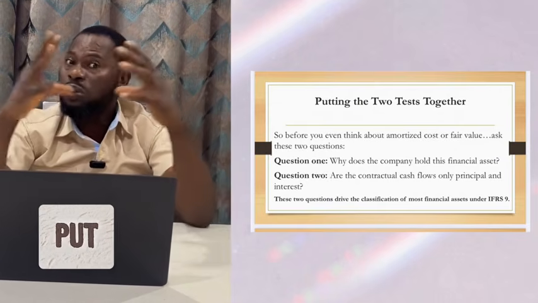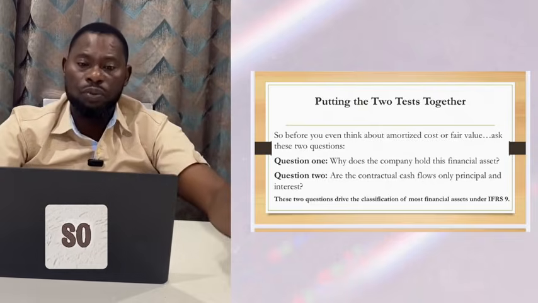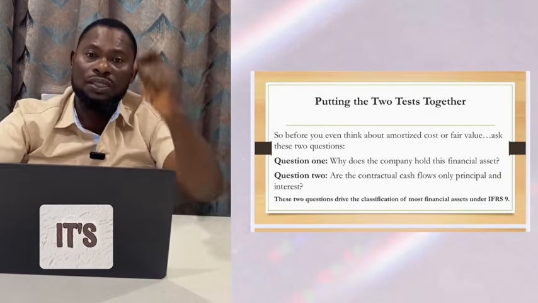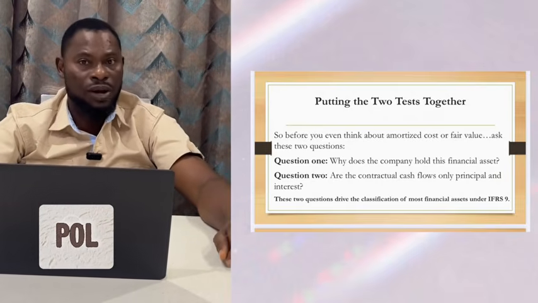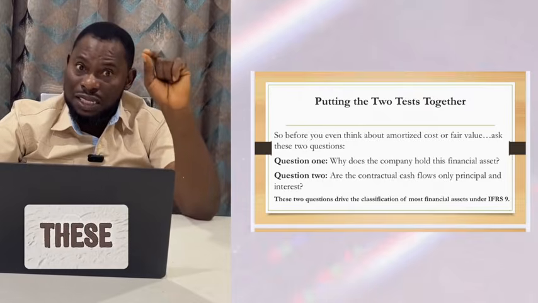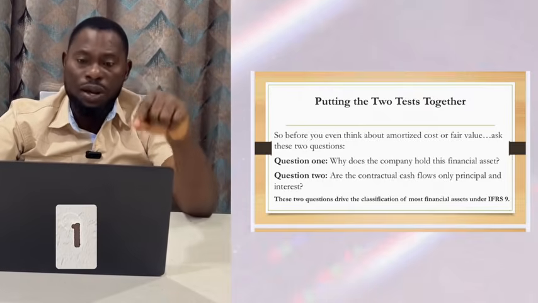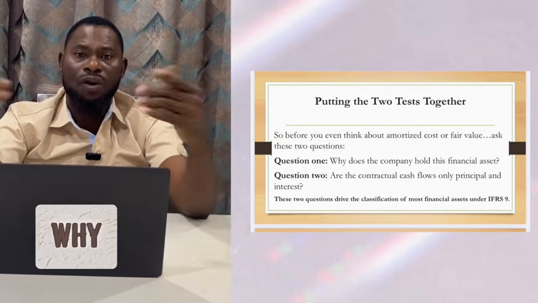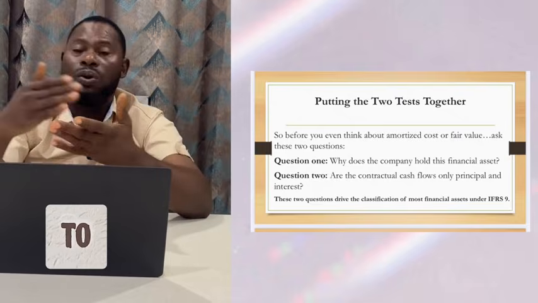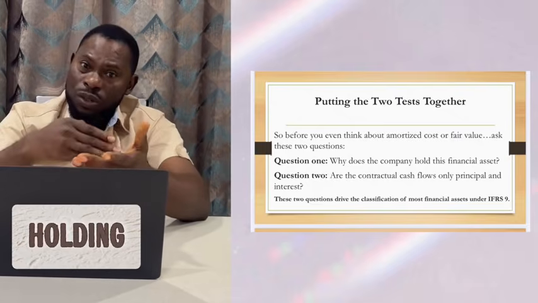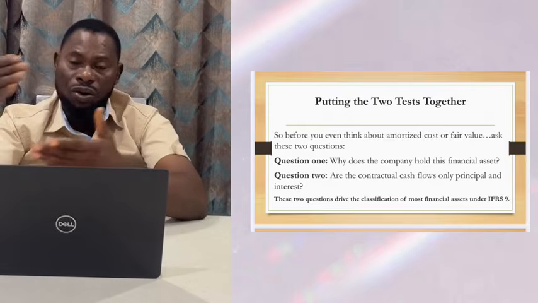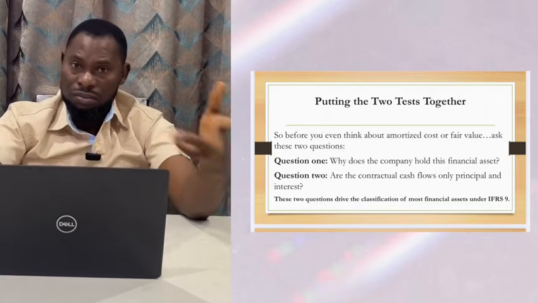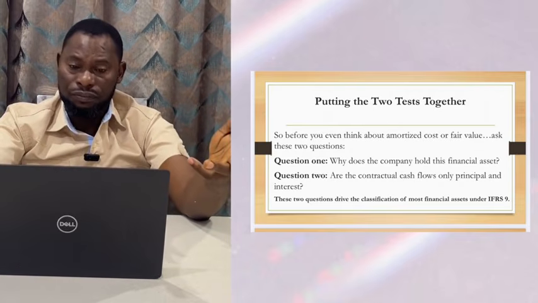So we want to put these two questions together. Before you even think about amortized costs, fair value, whether it's OCI or through P&L, ask these two questions. Question one, why does the company hold this financial asset? Are you holding it to collect? Is the company holding it to collect and sell? Or is it going to fit into something else?